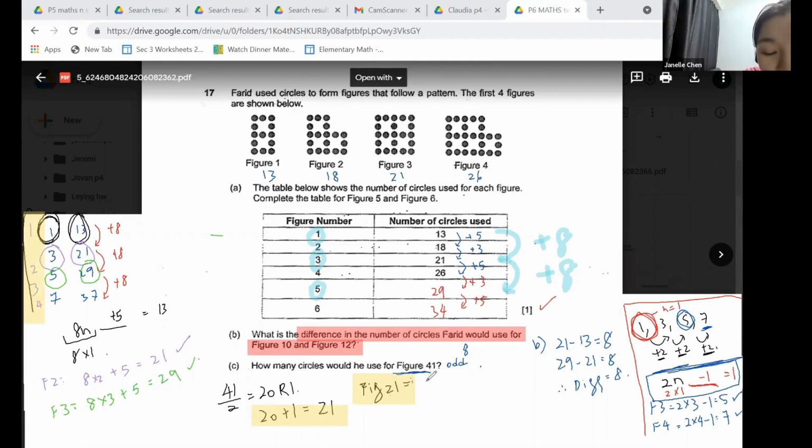So we have figure 21, and we times 8, because our n term that we tried out and proved works is 8n plus 5. In other words, I will have 8 times 21 plus 5. Here I will get 168, plus 5, I get 173.